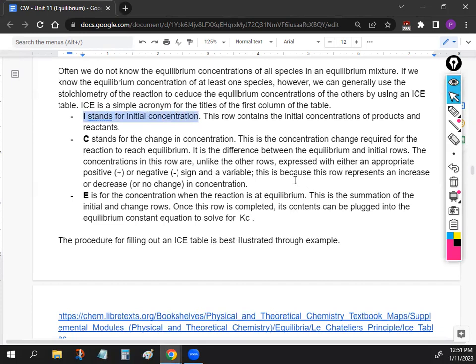So basically, what is the concentration of your compounds at the very beginning? C stands for how the concentration of every compound changes, so it's the change in concentration.